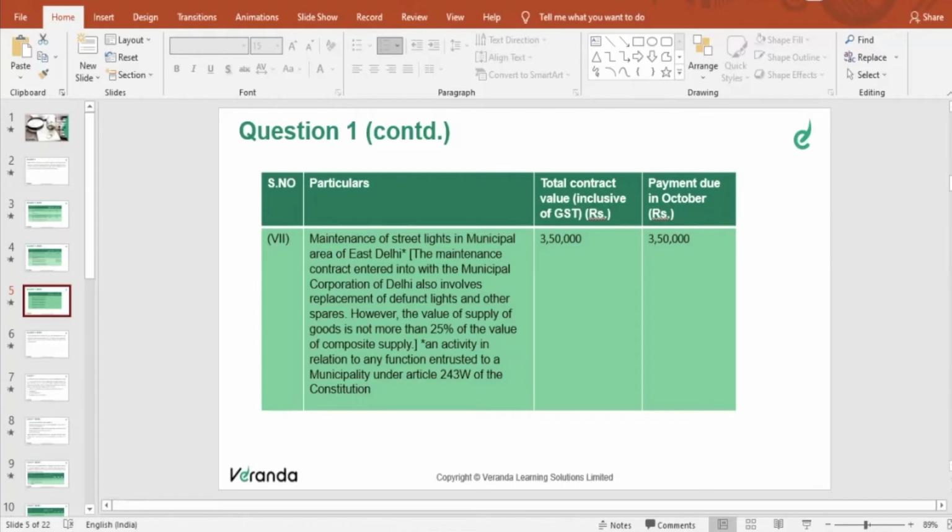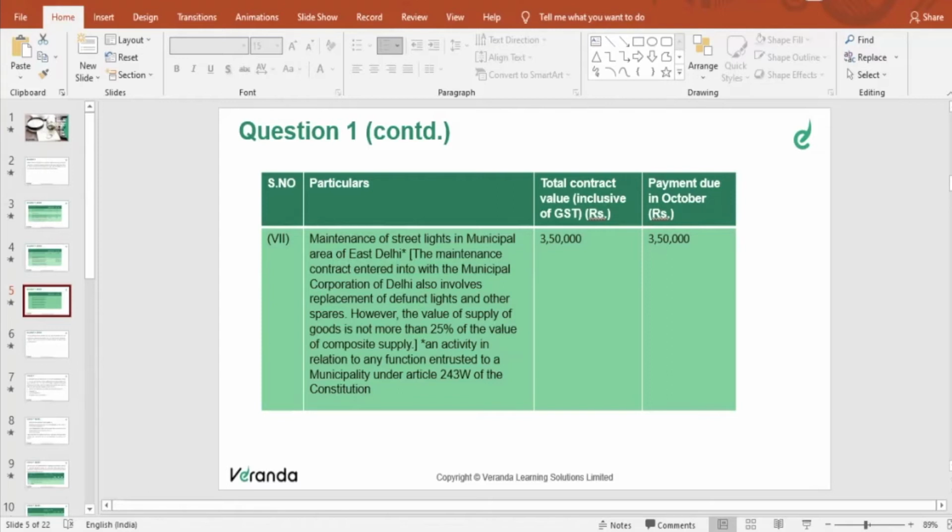A composite supply provided to a municipal corporation, where the supply of goods is not more than 25% of the entire contract, is specifically exempt under GST. If you go through the exemption chapter, you will find this specific point, and it is completely exempt under GST.